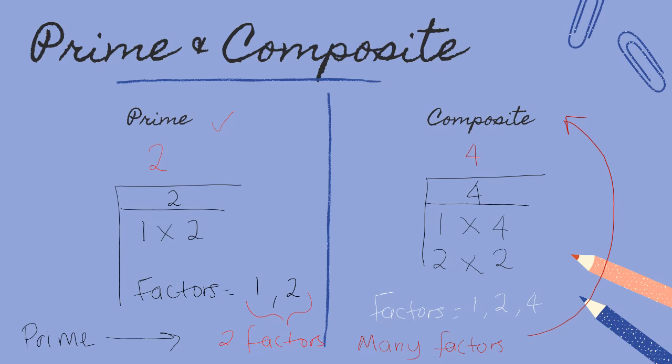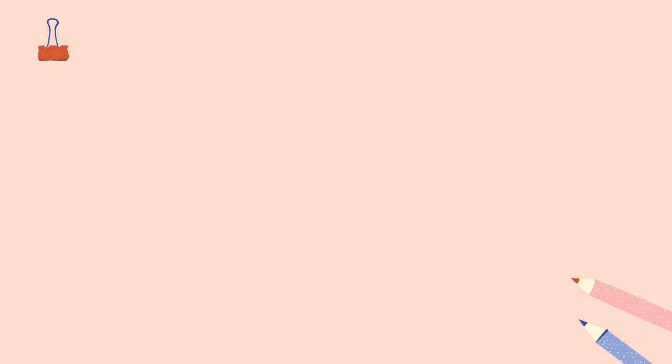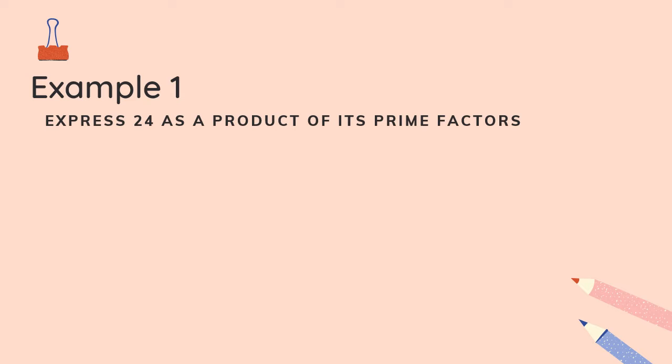Those are the main key points that you need to know. What are prime and what are composite? Prime is when there are only two factors, one and itself, and composite is when the number has many factors. So let's go straight to example 1.